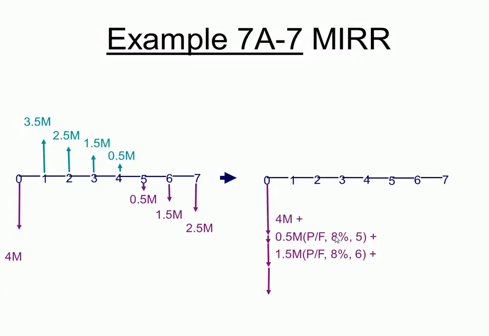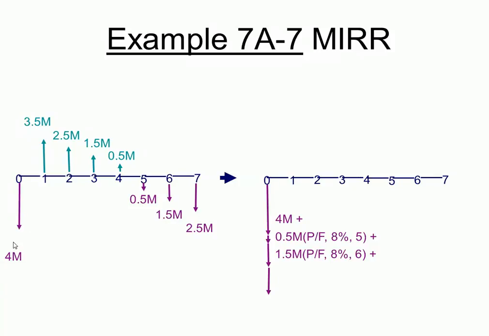We might have a different investing rate, but 8% is the financing rate. So we discount this back over 5 periods. Then 1.5 happens at 6, so we discount it back.